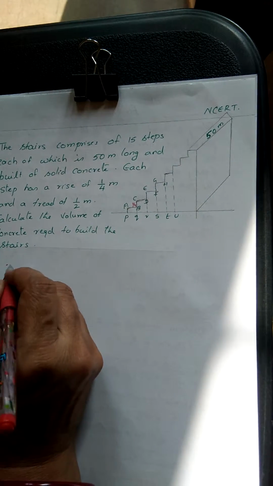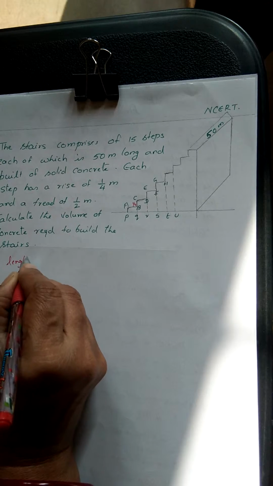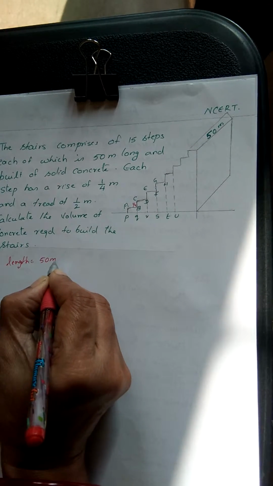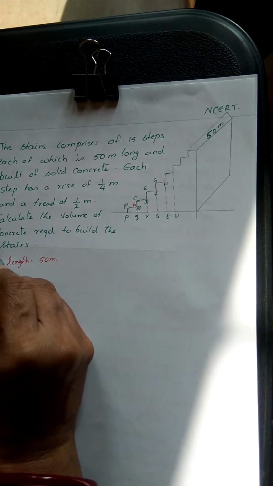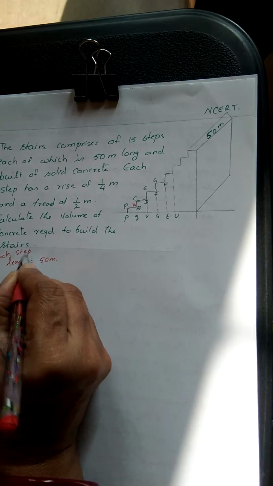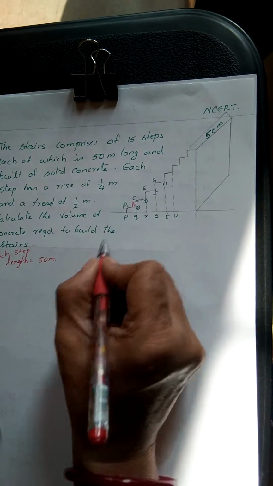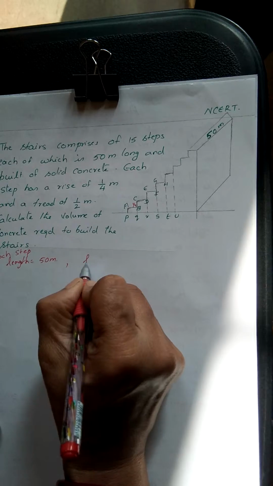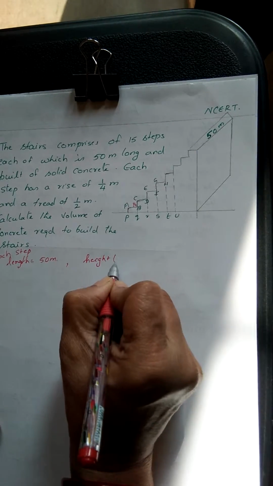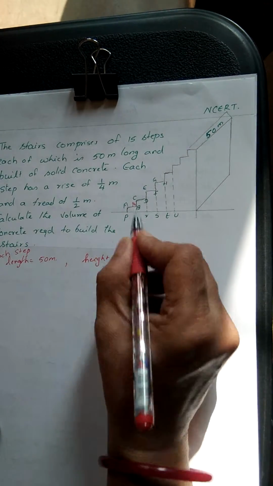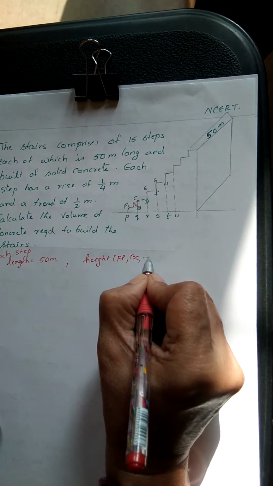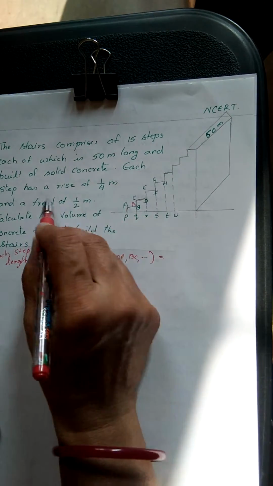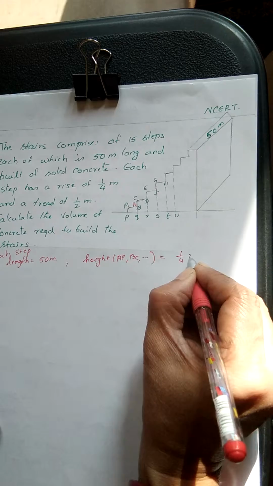So the height is given, and the length is given as 50 meters for each step. Length is equal to 50 meters. The height, that is AP, BC, etc., is 1 by 4 meter.